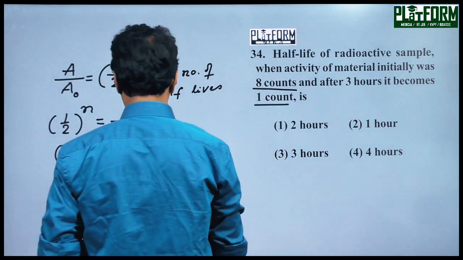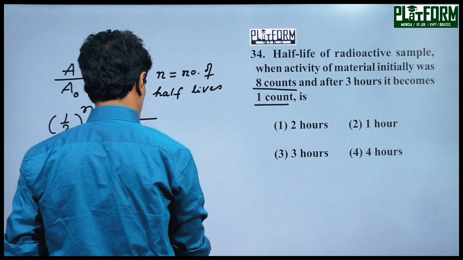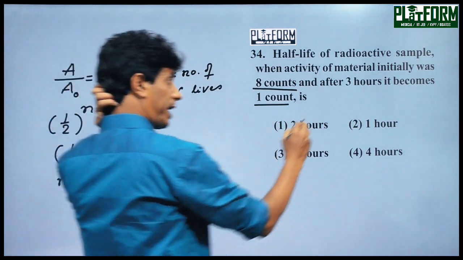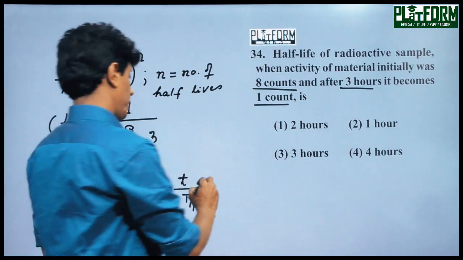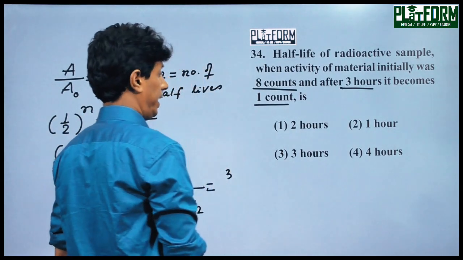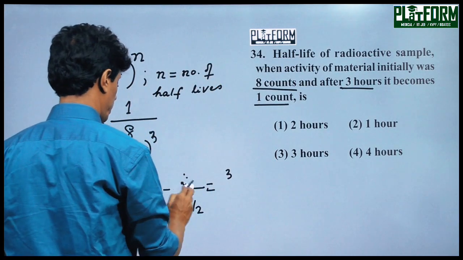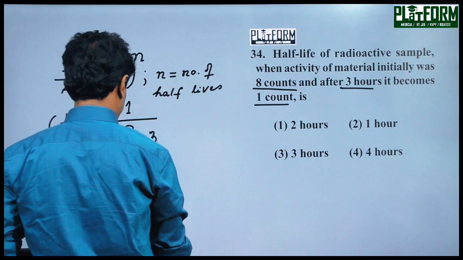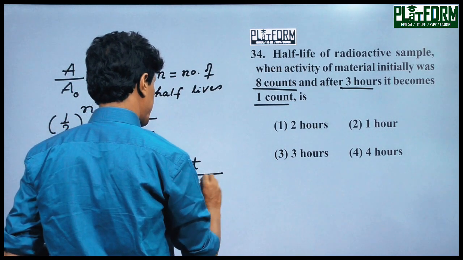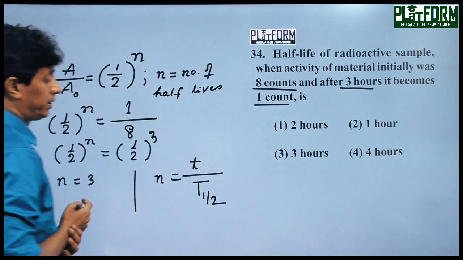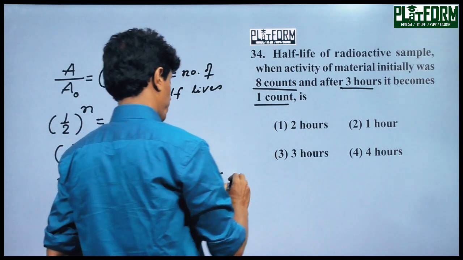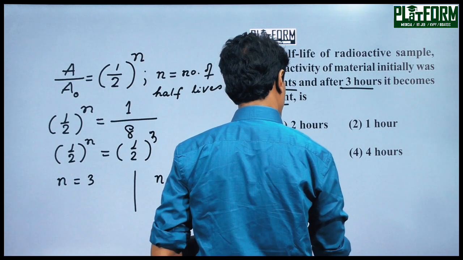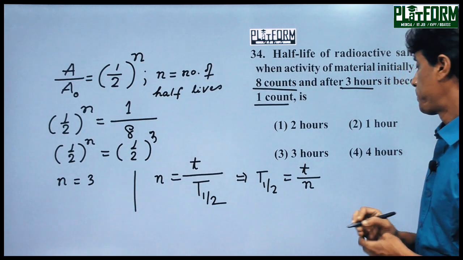You know, number of half-lives is equal to total time taken by T half. Here the total time taken is 3 hours, and from this formula, n is the number of half-lives, so T half-life is equal to total time by number of half-lives taken to decay.